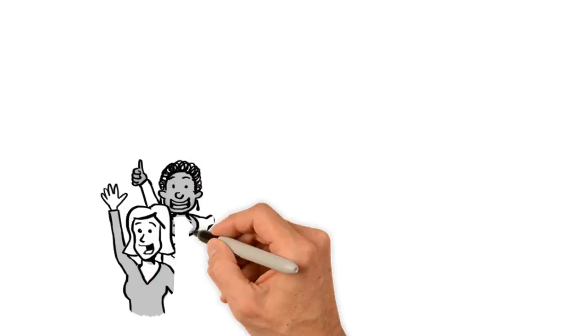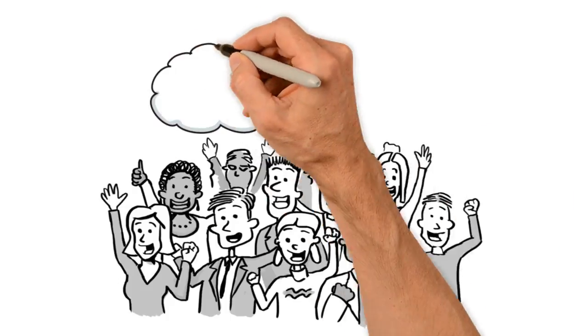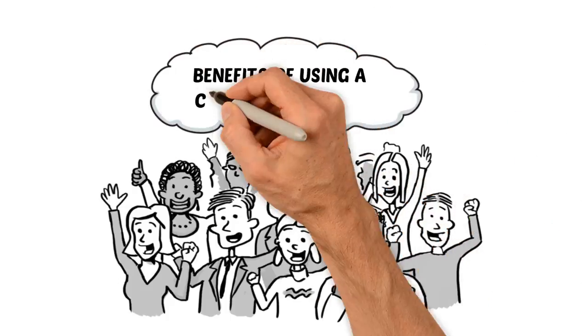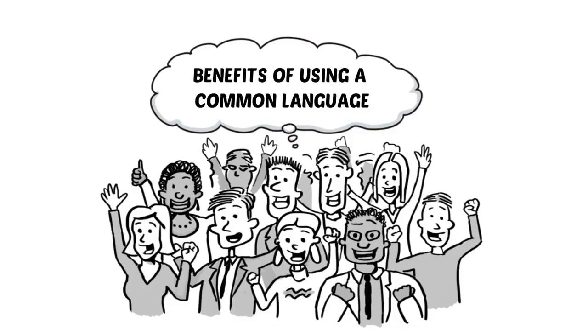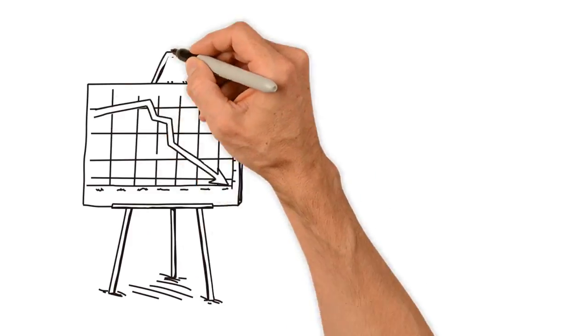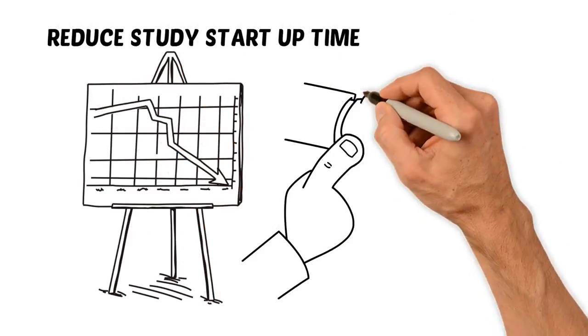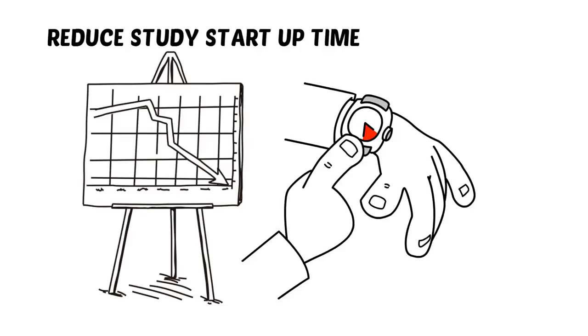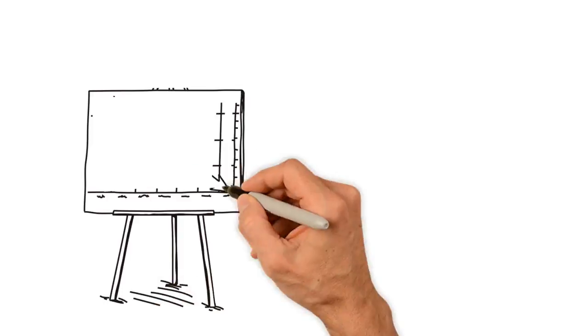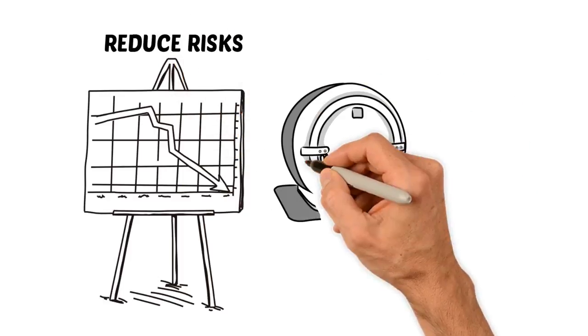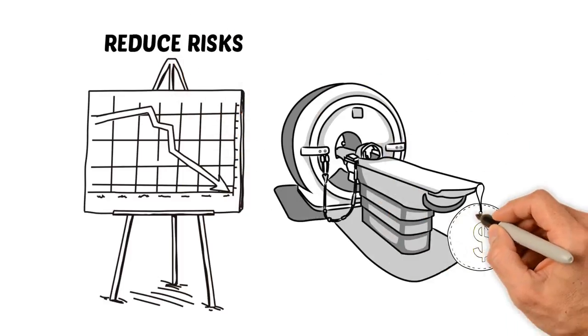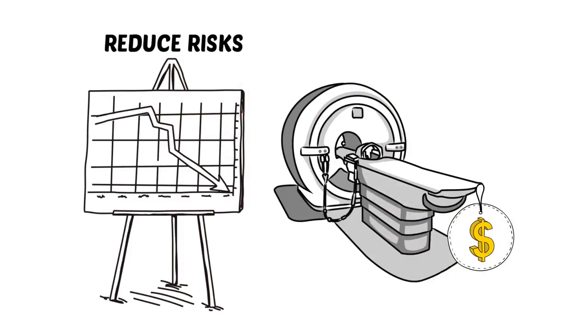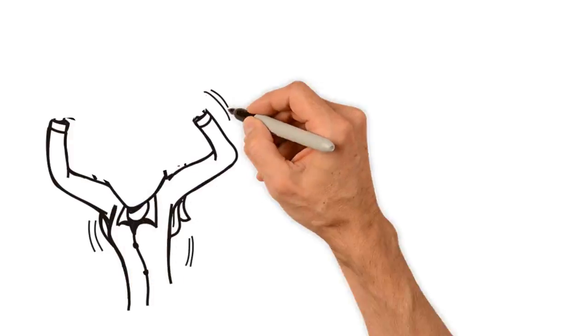Let's talk about the benefits of using a common language between PIs, CRCs, and the OCR team. By all using the same terminology for the clinical trial startup process, we reduce study startup time, as there will be less clarification needed and therefore less back and forth between the study team, the OCR, and the sponsor. Reduce risks to the institution and PI by ensuring items and services are appropriately billed to third-party payers.